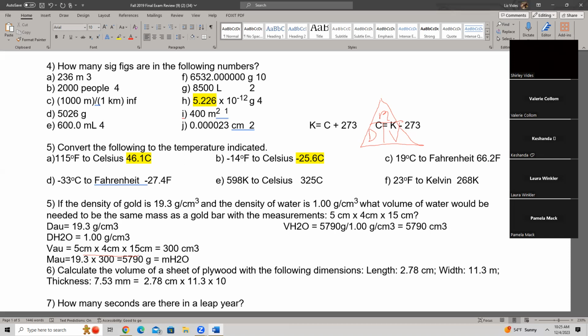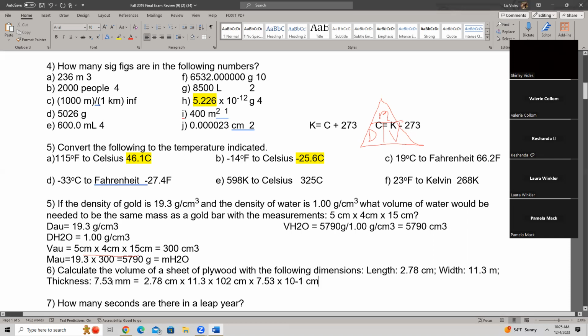We're changing it from meters to centimeters, to the second, right? And then the next one is millimeters. So 7.53 times 10 to the -1, centimeters, see? So just multiply all of those, and don't worry about doing anything with the exponents yet.